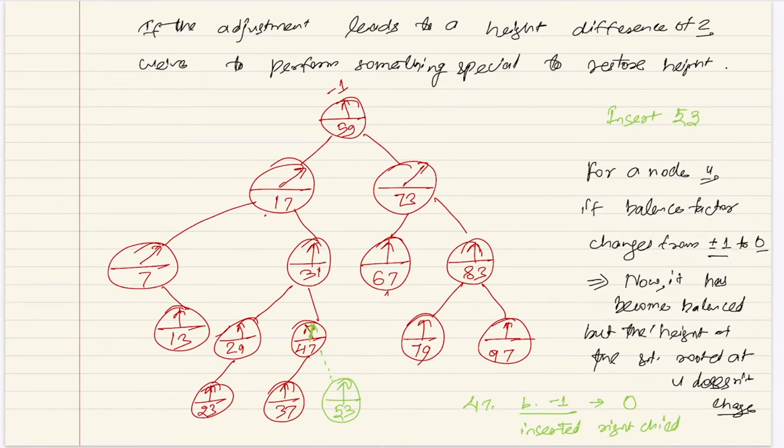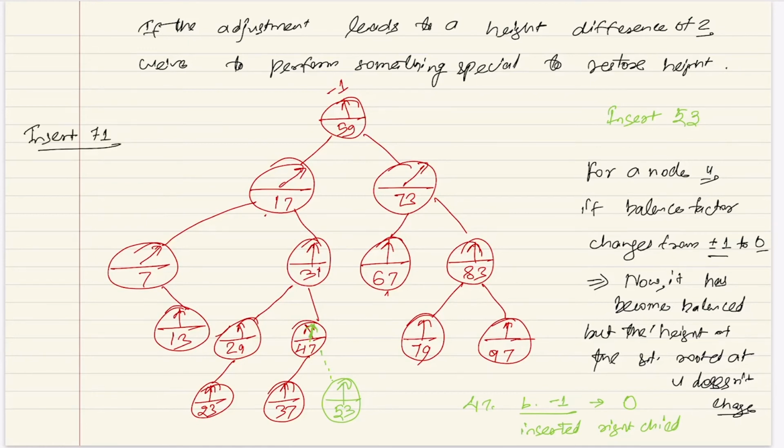Now let's try to insert a different node. Let's say I try to insert 71. So where will 71 go?